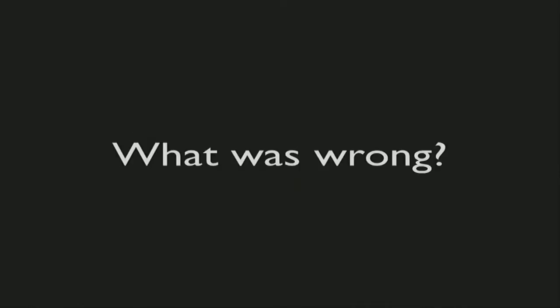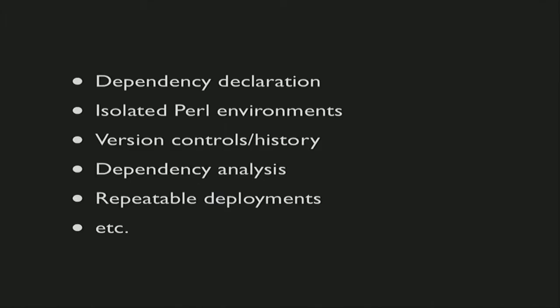So what was wrong? What was meant to be done better than this? You should have declared the dependency and managed these changes instead of just randomly installing modules to your system Perl. It'll be better to have isolated Perl library environments instead of installing into system Perl or shared Perl paths.